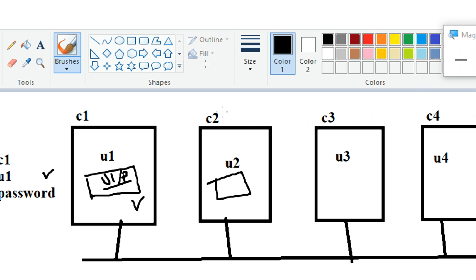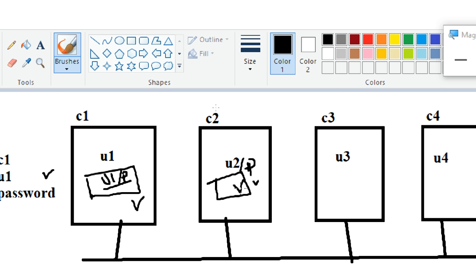Same thing: user two wants to log into C2. User two's information and password information are stored in this PC only. When they log in, who will authenticate? C2 only. So each individual PC authenticates its users in that PC only.